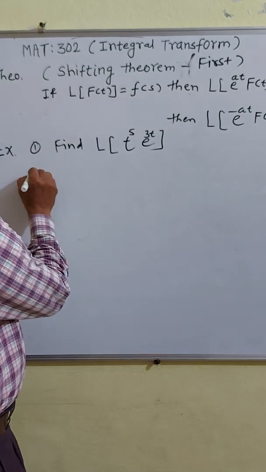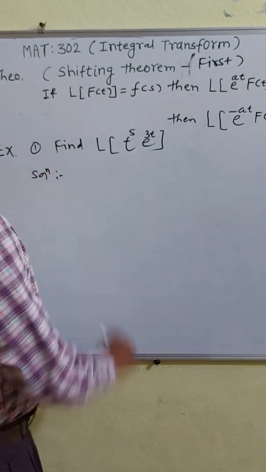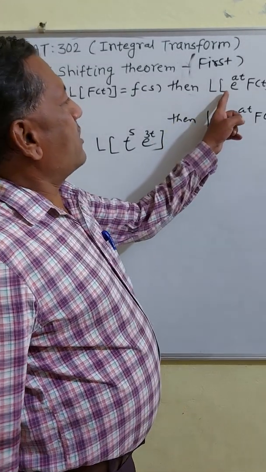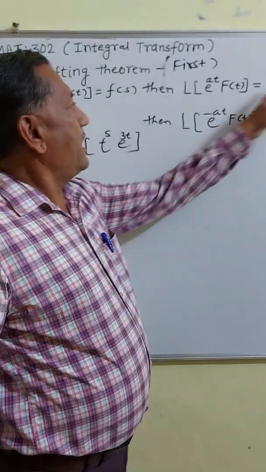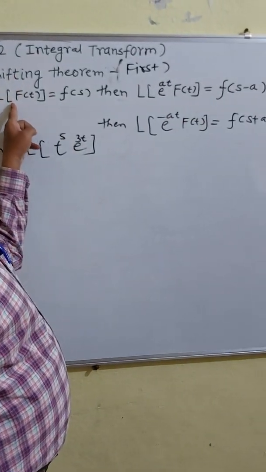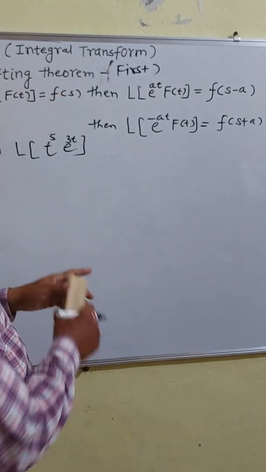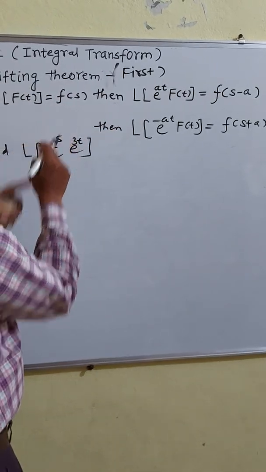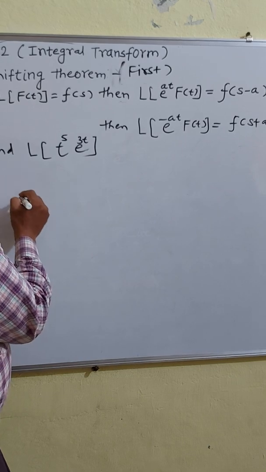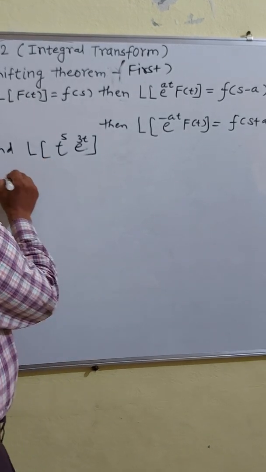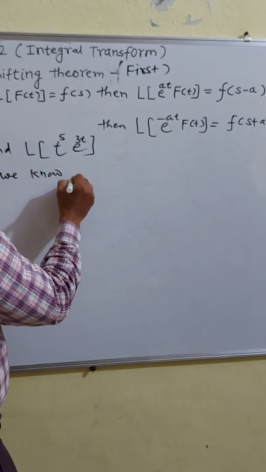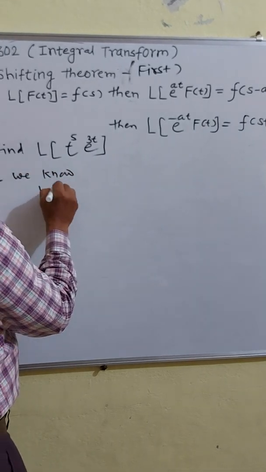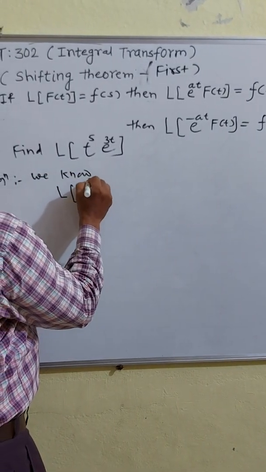Solution. Now you know the Laplace transform of e raised to at into f of t is equal to F of s minus a, where Laplace transform of f of t is equal to F of s. Now you know the Laplace transform of t raised to 5. So we know Laplace transform of t raised to n.